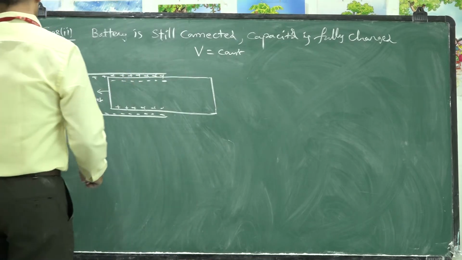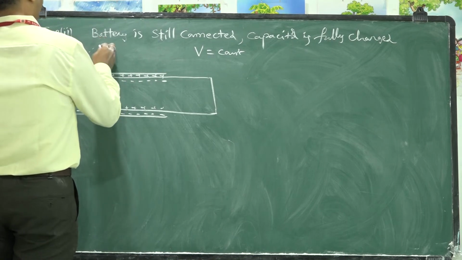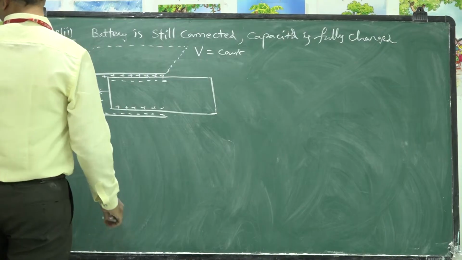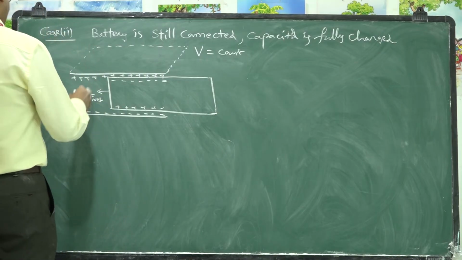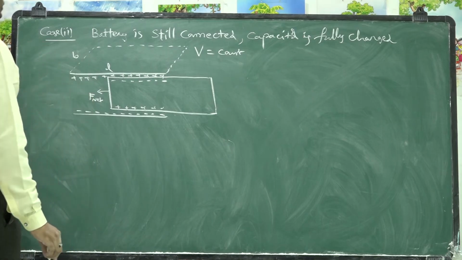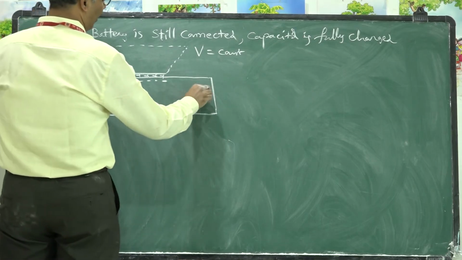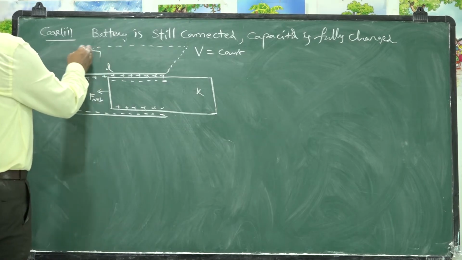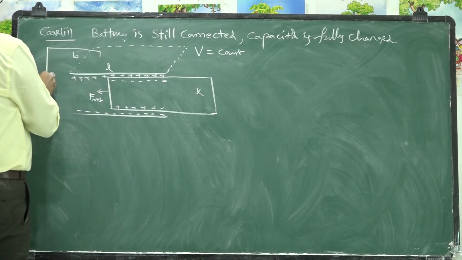If you see the dimensions of the plate in 3 dimensions, the plate is like this. The length of the plate is L, the breadth of the plate is B, and the dielectric constant of the dielectric is K, and it is still connected to the battery. So the connection with the battery we can show like this.